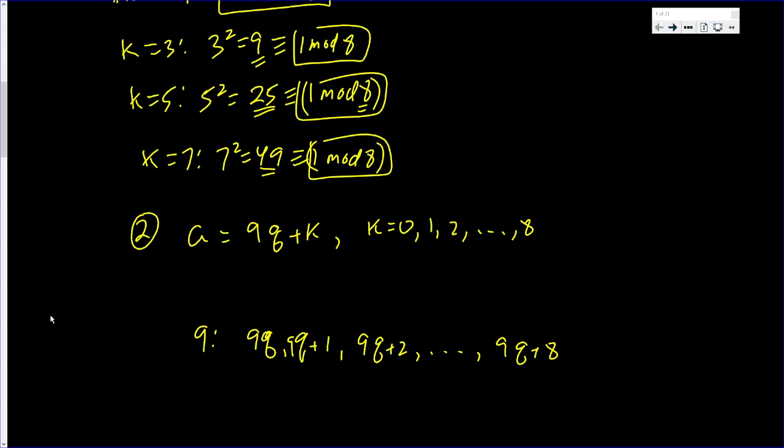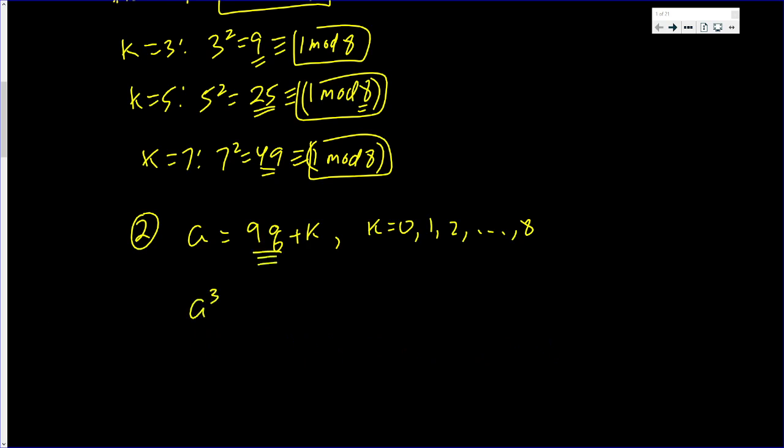Okay. When you cube a, you're going to have (9q) cubed plus some integer multiples of (9q) squared, plus some integer multiples of 9q.